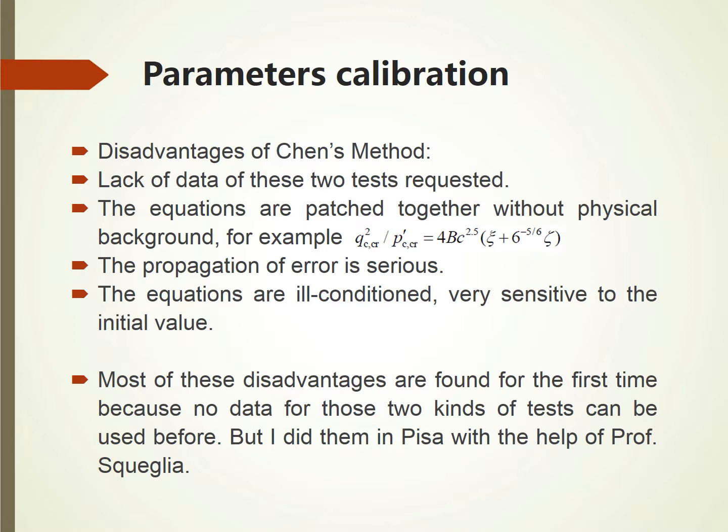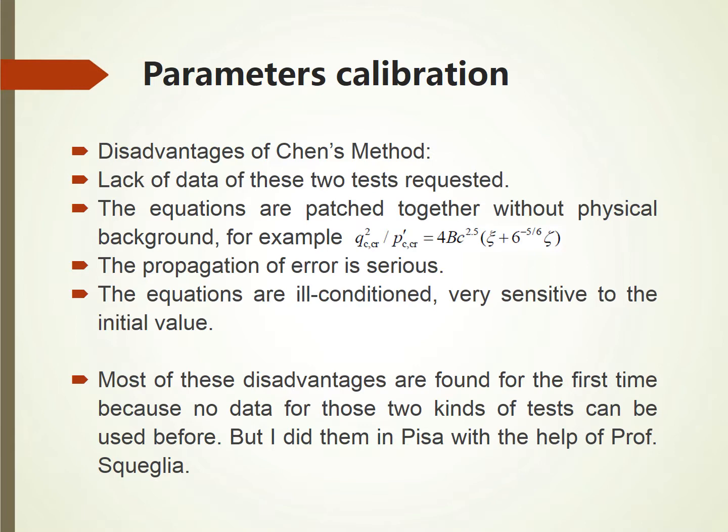For example, you can see Q squared at critical state divided by P at critical state. We all know that Q divided by P is M, which has physical meaning, but in this way, Q squared divided by P is only a mathematical equation without any physical background.